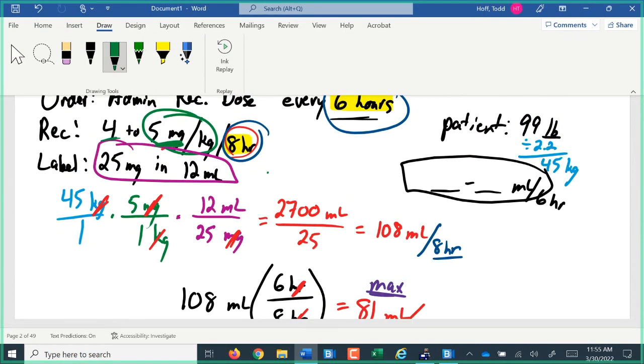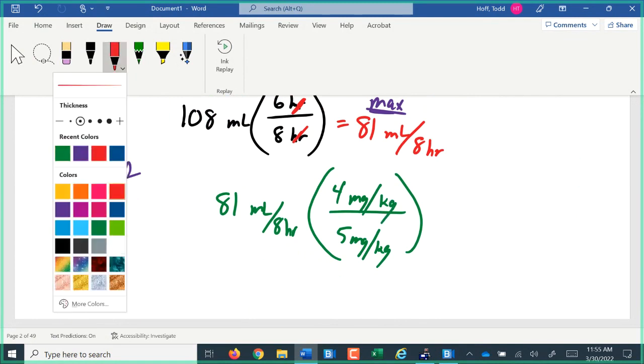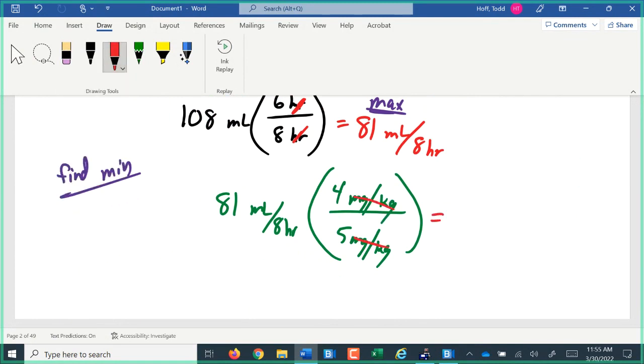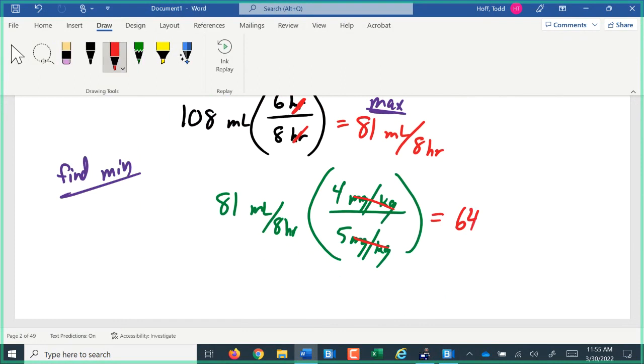We want to change it to 4 milligrams per kilogram. 5 milligrams per kilogram goes on bottom. 4 milligrams per kilogram goes on top. And of course the units will cancel out. We have 81 times 4 divided by 5. That's 64.8 milliliters. Notice that these units in the titration always cancel out, and the unit we have at the end is whatever unit we started with here.